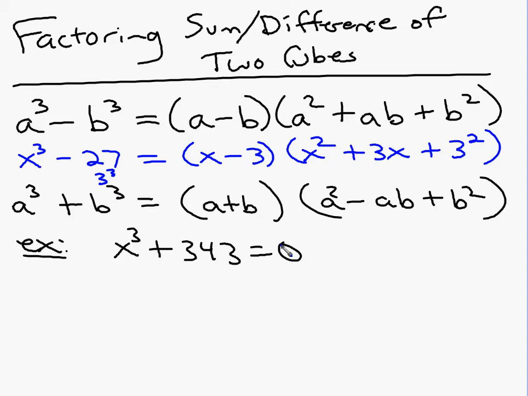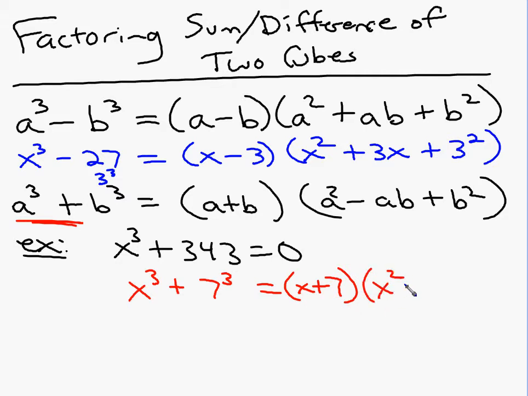Isn't 343 a perfect cube? 7, right? So we are going to use the sum formula. So x cubed plus 7 cubed is the same thing as x plus 7 times x squared minus 7x plus 49.